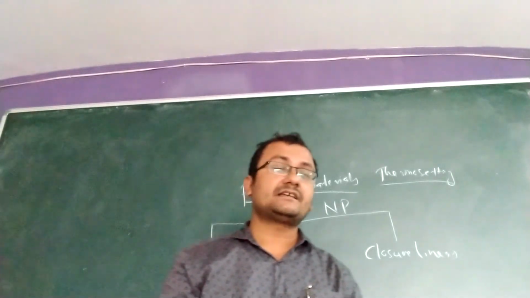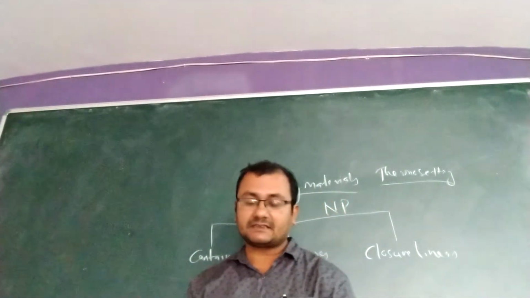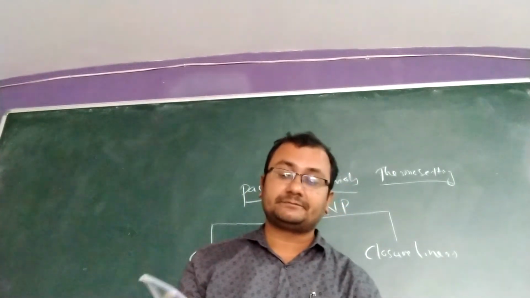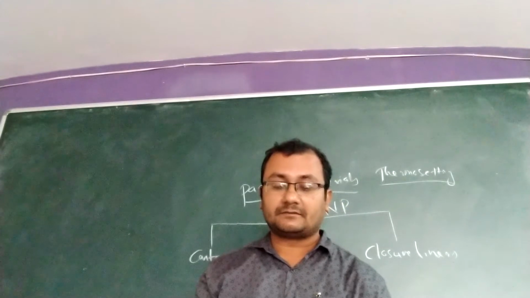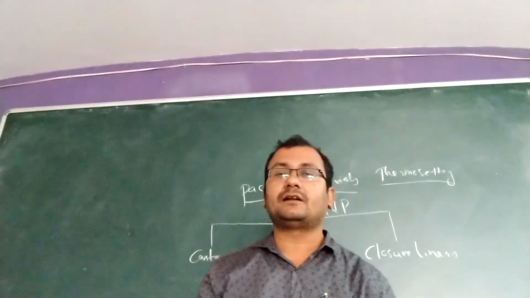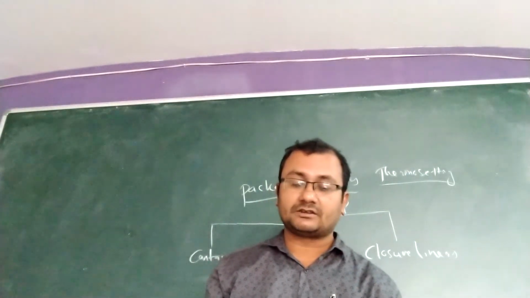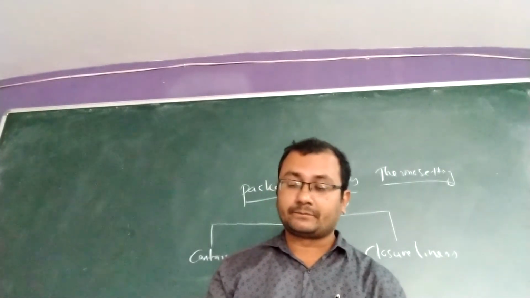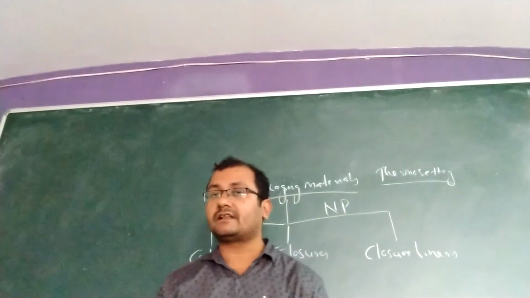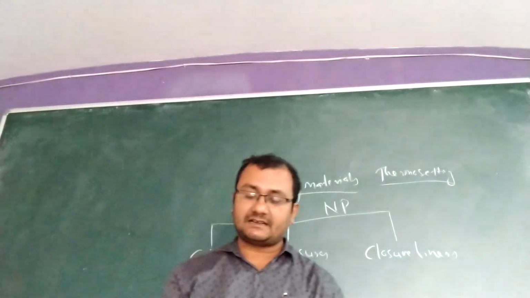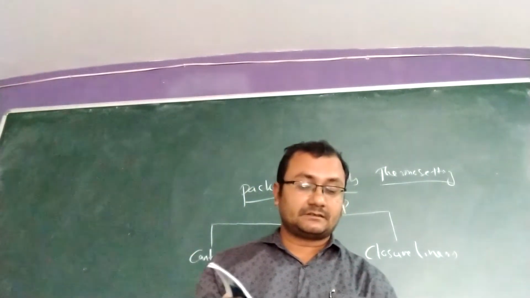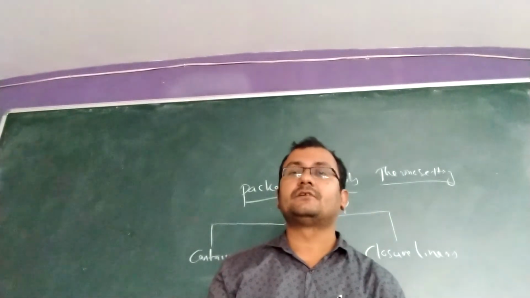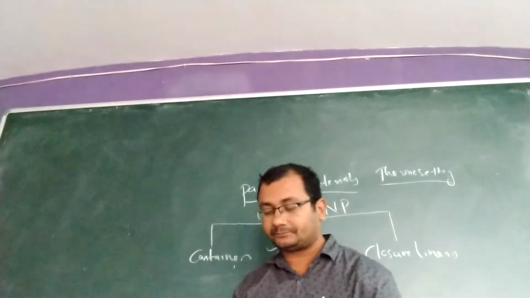For non-injectables, it may be the leakage test, collapsibility test, clarity test, and presence of non-volatile residue. We also go for residue on ignition and biological test. So these are the tests we go for different types of plastic containers.